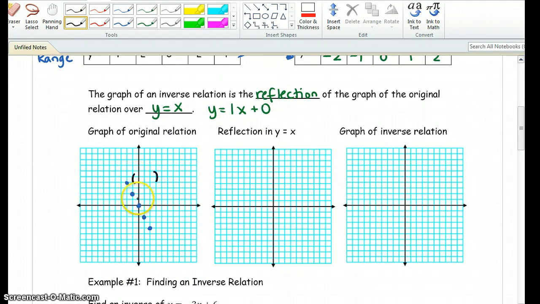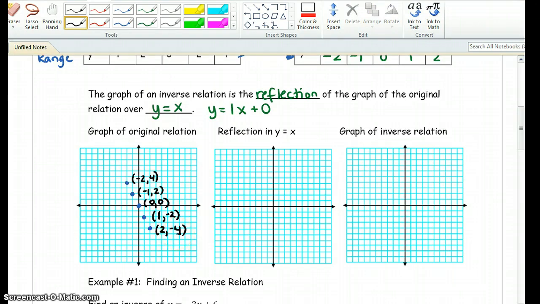This was a point at (-2, 4), (-1, 2), (0, 0), (1, -2), and (2, -4).